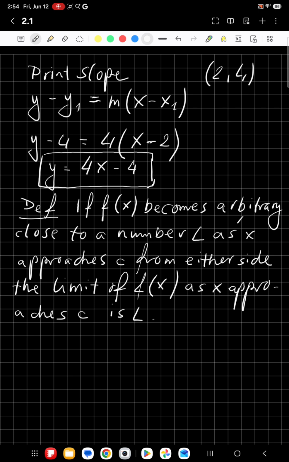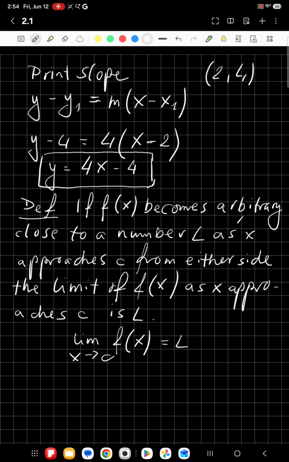So let me write the notation for it: the limit as x approaches c of f of x equals L. Basically we'll be calculating the value of a function as x approaches a certain number.